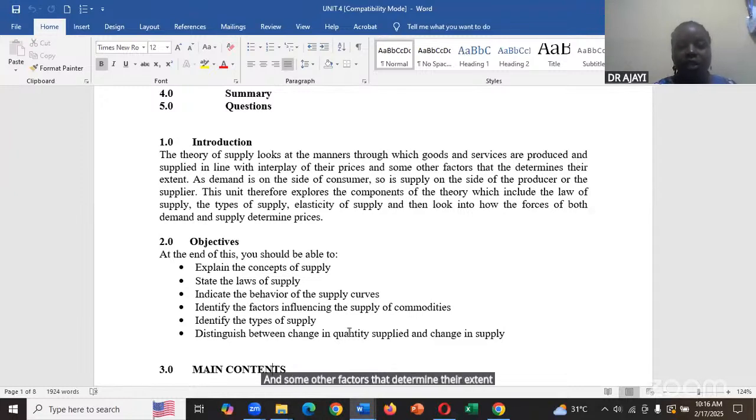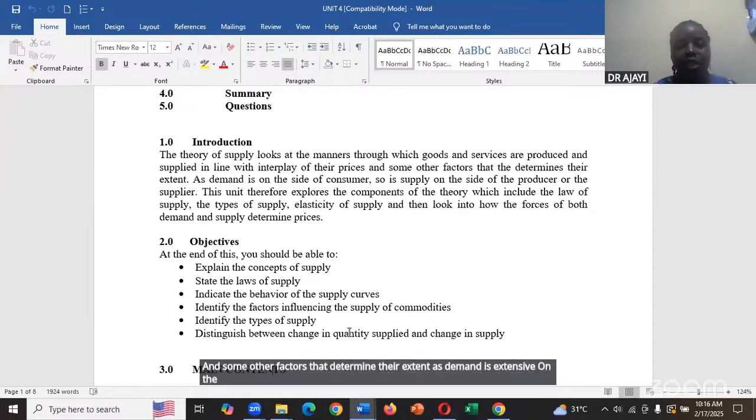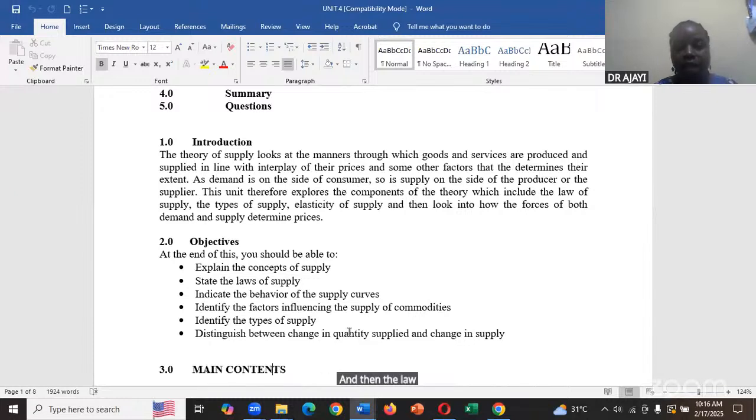As demand is on the consumer side, the supply is on the producer or the supplier side. So we look at what we mean by the components of this theory of supply, and then the law, as well as the types and all other things that we will look at.